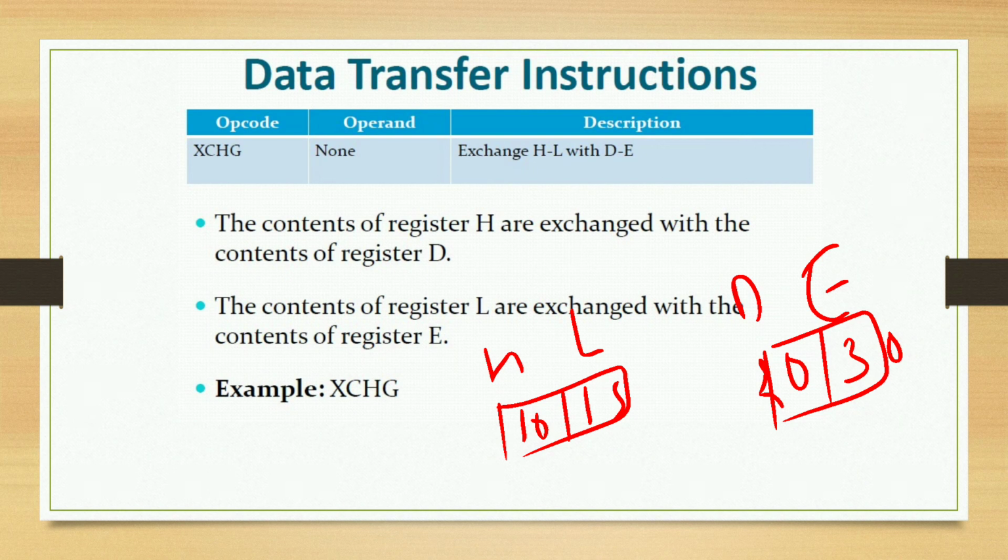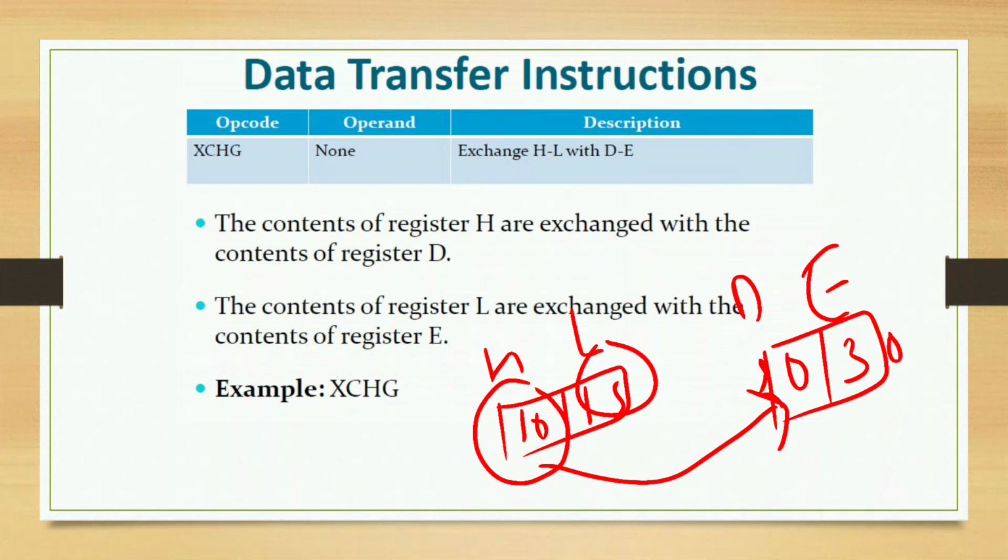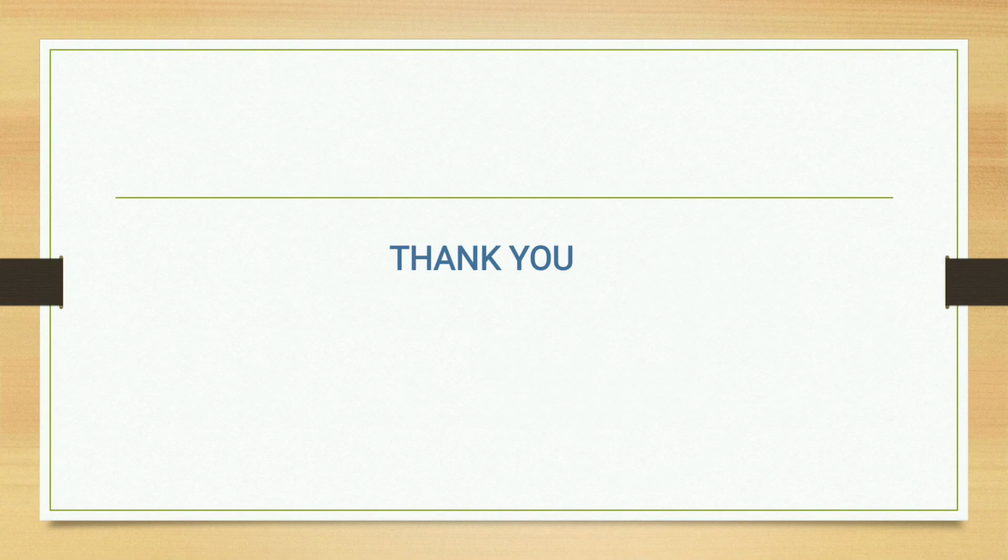The content of register H, that is 10, is exchanged with the content of register D, and the content of L, that is 15, is exchanged with register E, that is 30. Thank you.